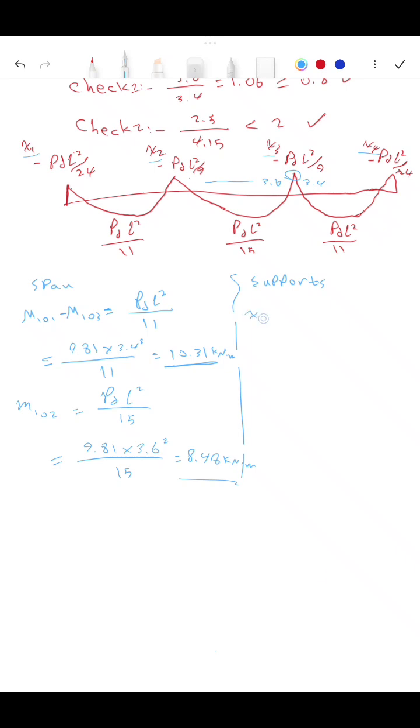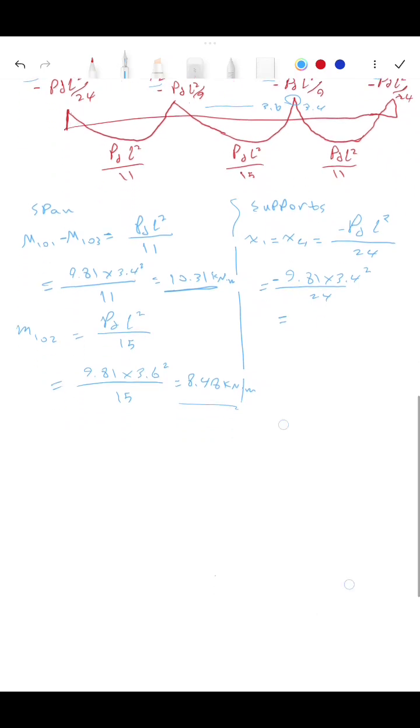So x1 and x4 equal each other, and they equal minus PD times L square over 24, which equals 9.81 times L, which is 3.4 again, square over 24, and it equals minus 4.73 kilonewton times meter. Okay, this one is correct.